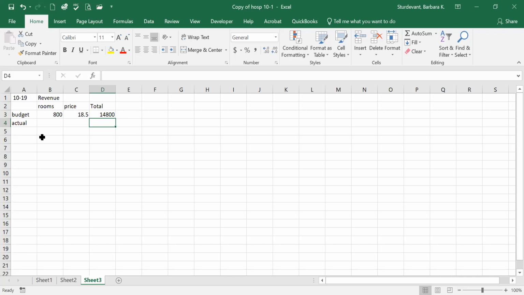They said the actual price is 10% higher. So we're going to take the budgeted price and multiply by 1.1, because this is like doing your naive method that we did back in the previous chapter.